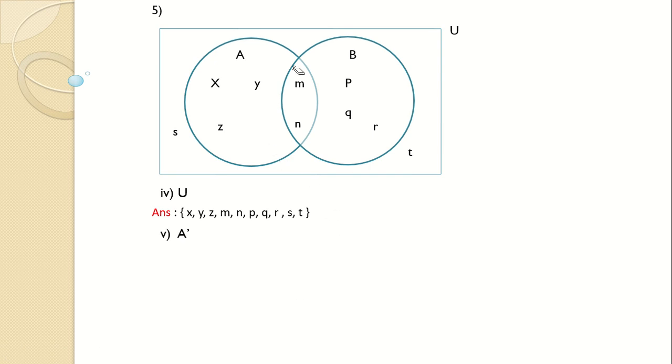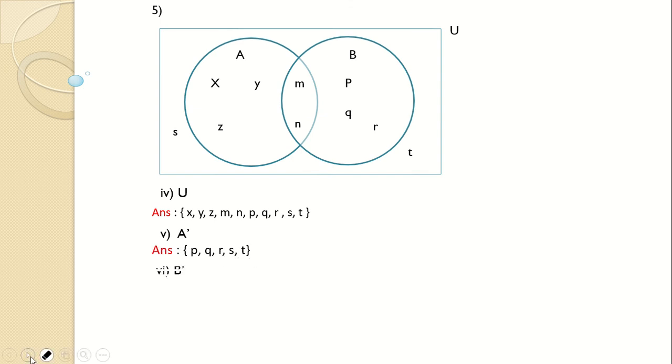We have learned the definition of complement. All the elements that are not in A, but they are in the universal set. So outside the boundary of A, all the elements that are there, P, Q, R, T and this S will come in the A complement. P, Q, R, S and T.